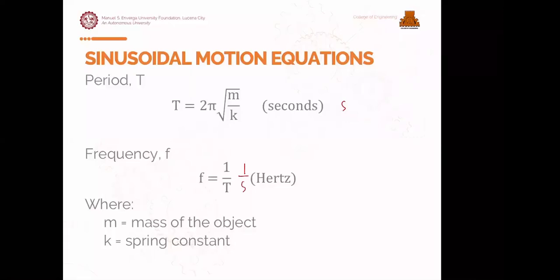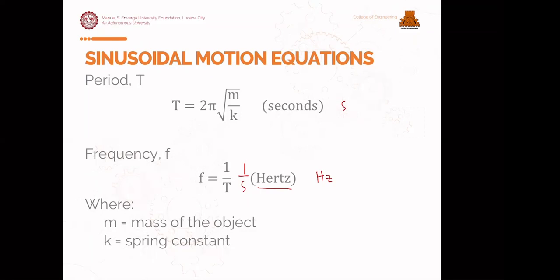And in physics, ang 1 over s is known as hertz. So we use yung term na hertz or Hz, kung napapakinggan nyo sa radyo, hertz as representation ng unit na 1 over second.